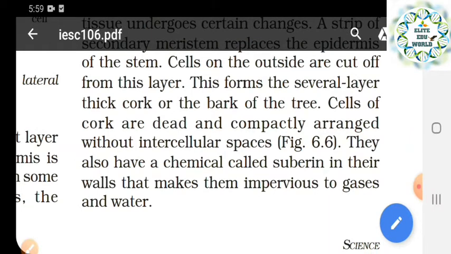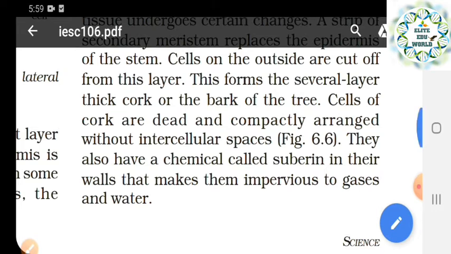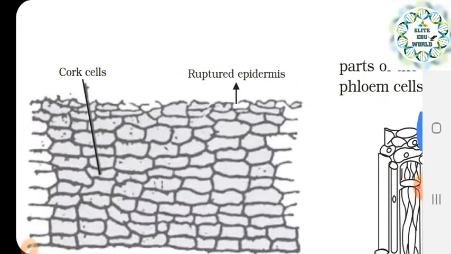They also have a chemical called suberin in their walls, which makes them impervious to gases and water. Because of this chemical, the bark layer of the tree is impervious to gases and water. These are the functions of these cells we have seen.